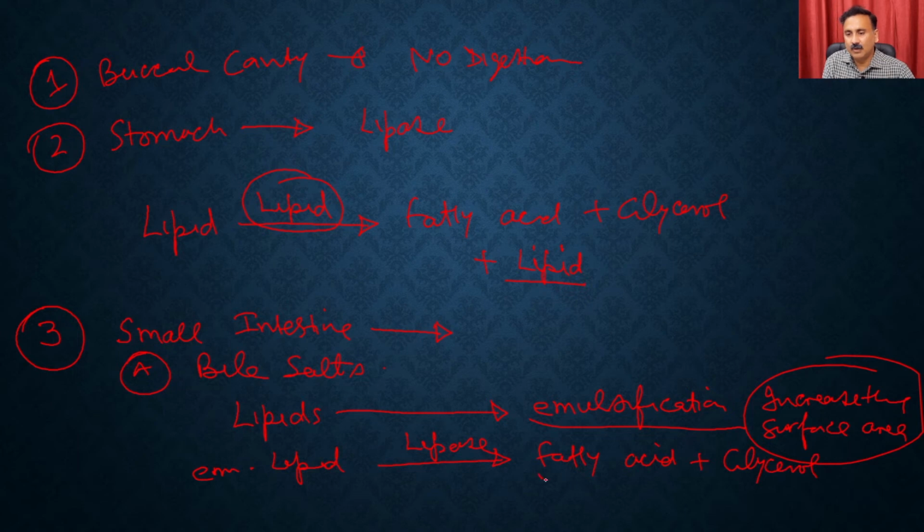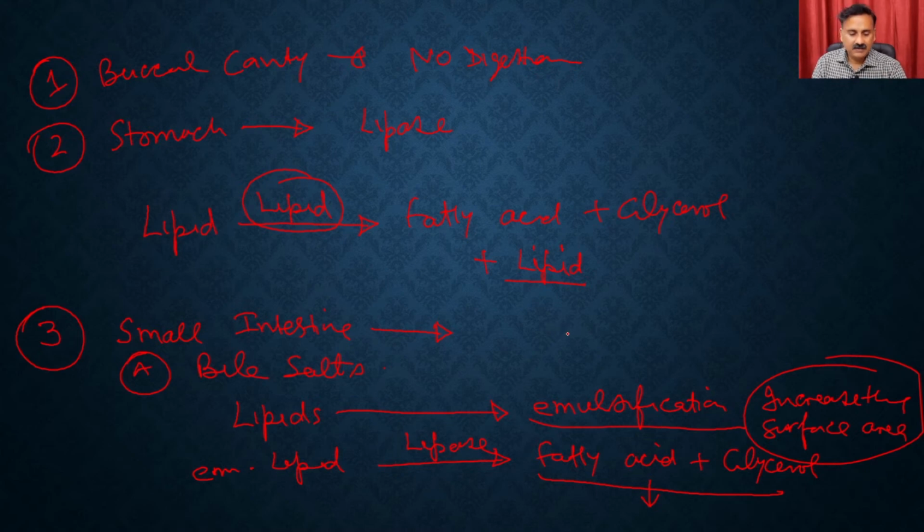So, they can be absorbed by the small intestine. Apart from the small intestine, there is no digestion of fat in the other parts of the alimentary canal.